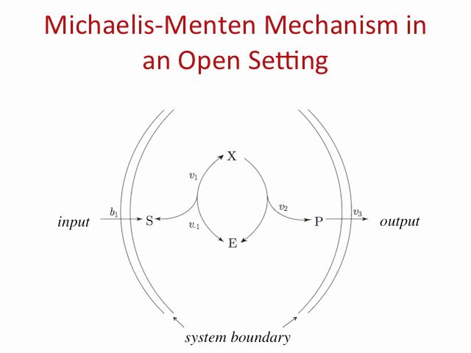This means that the enzyme is confined within a system's boundary and the substrate can flow in and the product can leave. For the substrate, we have the boundary flux B1 that is fixed and forced on the system. The substrate flows into the cell or into the system and is then catalytically converted to the product by the enzyme.